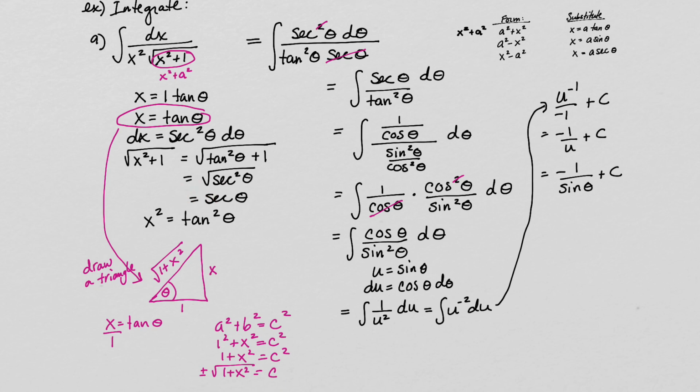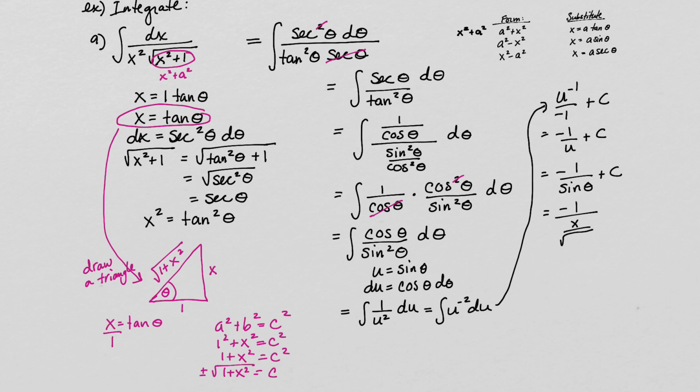So what is the sine of theta from that triangle? So it's the opposite side over the hypotenuse. So we're going to have negative 1 over... The opposite side is x.